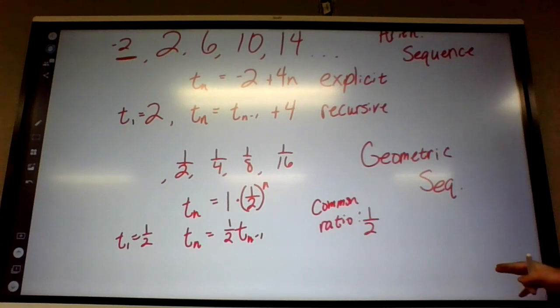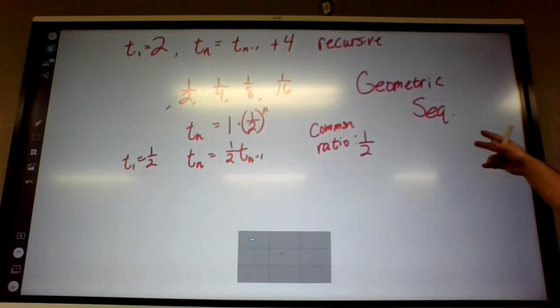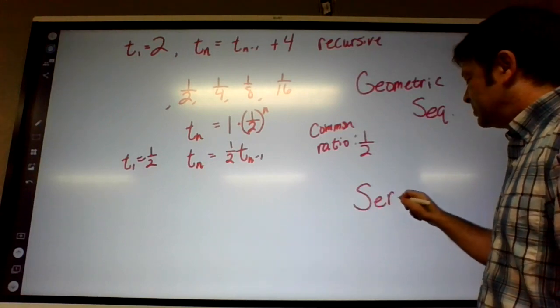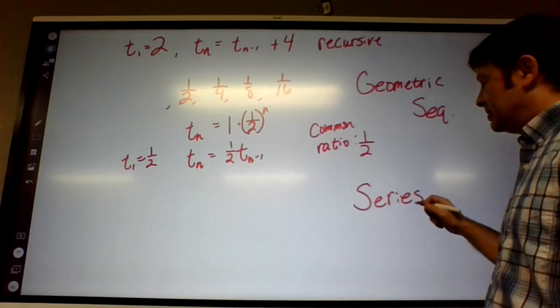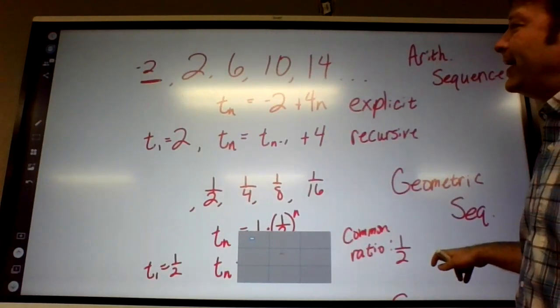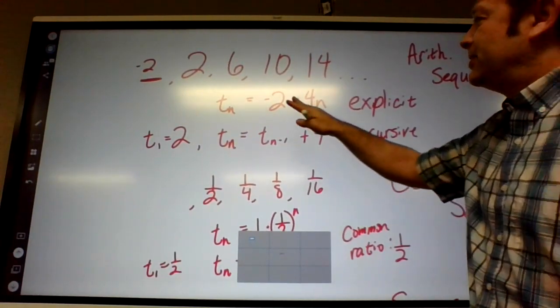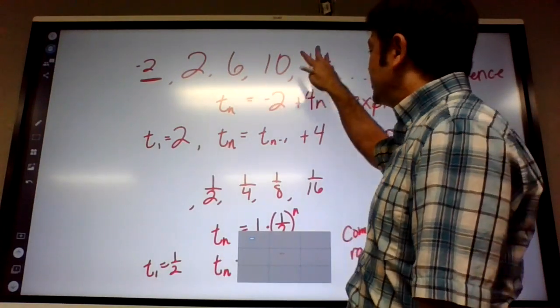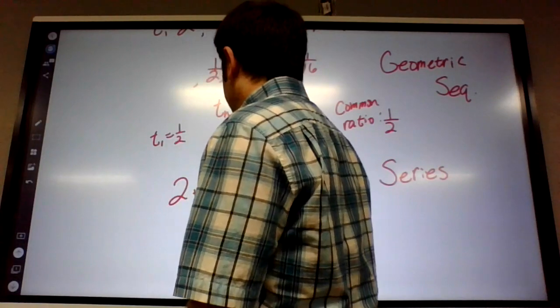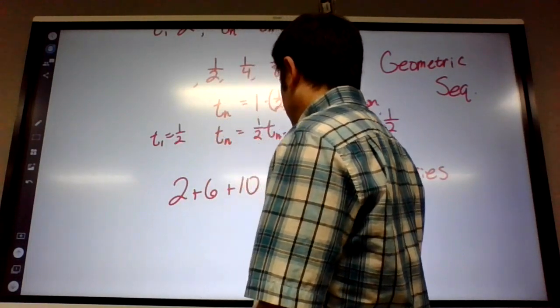All right, today, those are called sequences. Today we're talking about series, which are very closely related. So a series, you get the terms by adding. So instead of like 2, 6, 10, 14, it's like 2 plus 6 plus 10 plus 14.